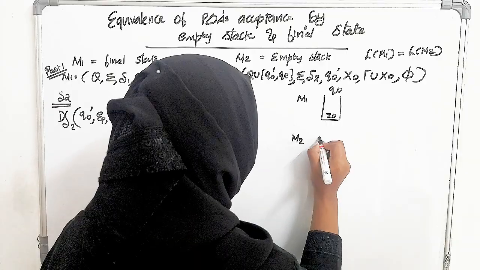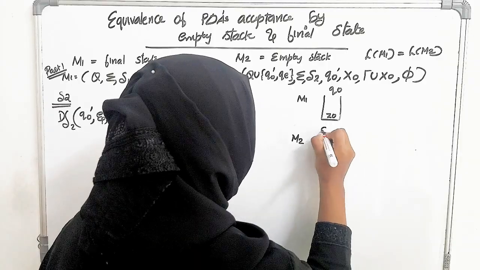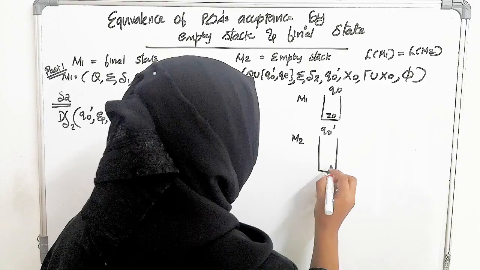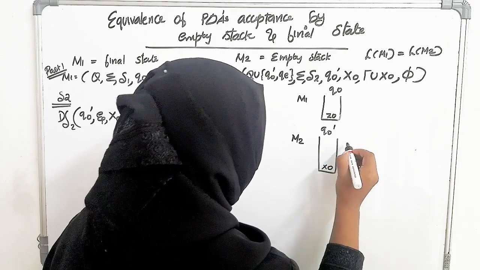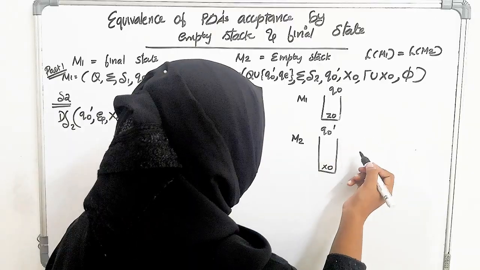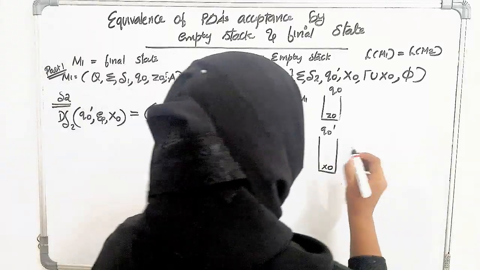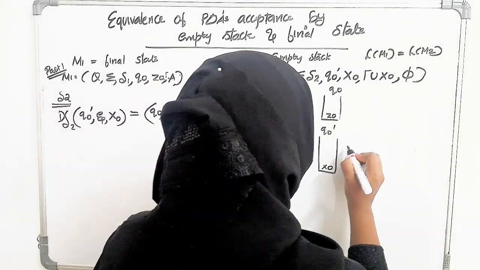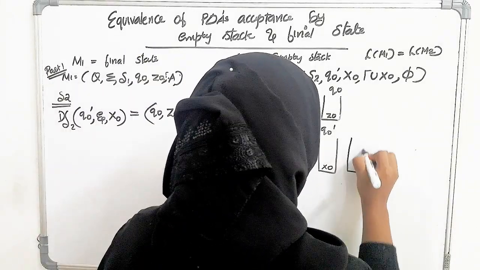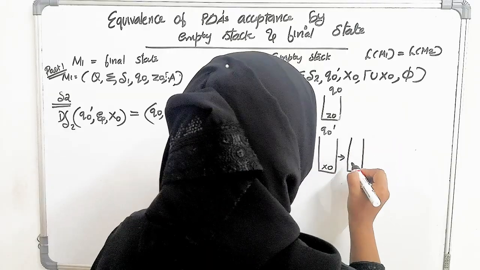So in M2, our initial state is Q0' and our initial symbol in the stack is X0. After one transition, when we see nothing of the input, that is, by taking epsilon as the current character, we do a state change.